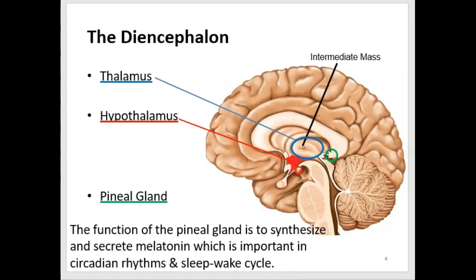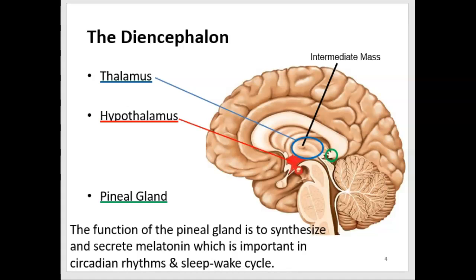But what you can see on this sagittal section is its intermediate mass that connects the two lobes of the thalamus. So what is circled on the diagram is tissue of the right lobe of the thalamus, so the medial face of the right lobe.